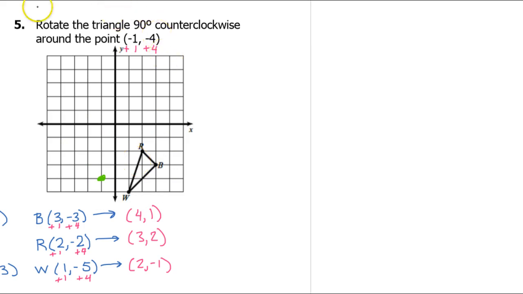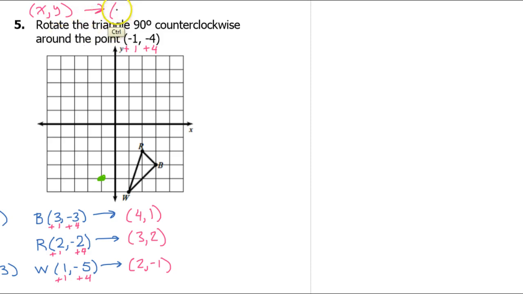And one of the rules that we memorized was, if you're doing a 90-degree rotation, the coordinates are going to switch places, but, okay, if we're moving counterclockwise, the x value is going to stay the same, but the y value is going to change signs.